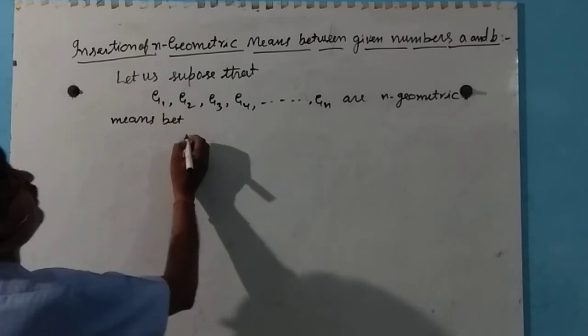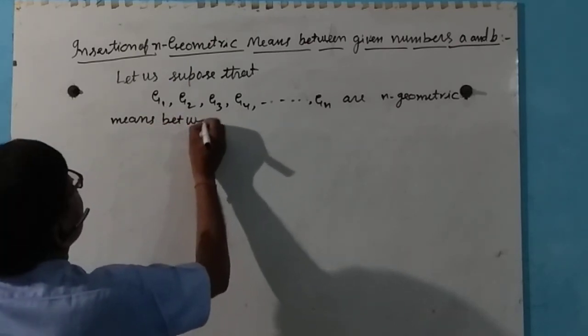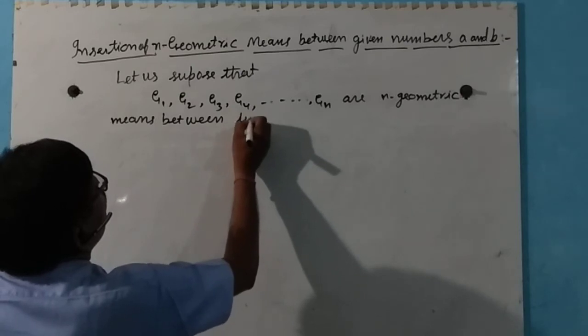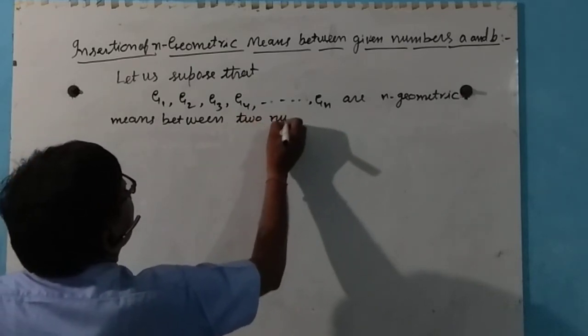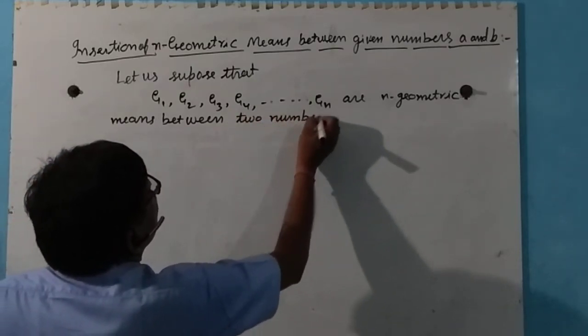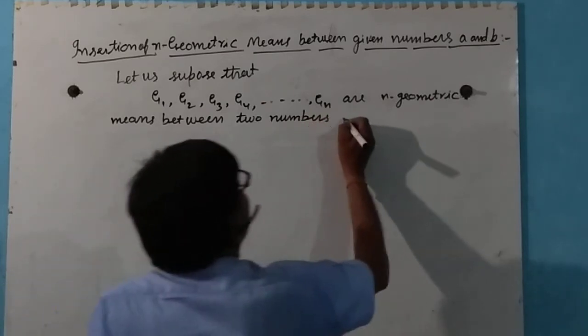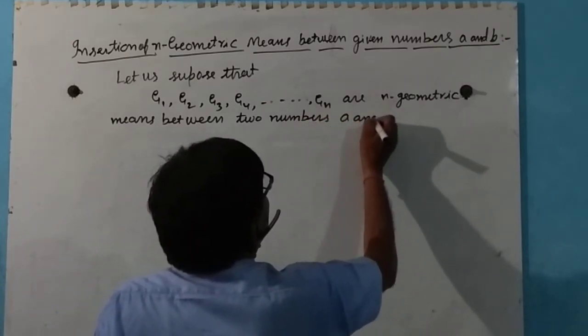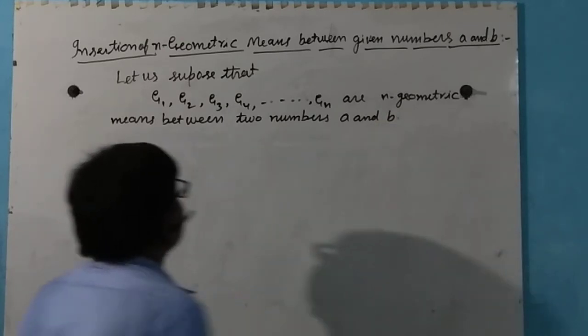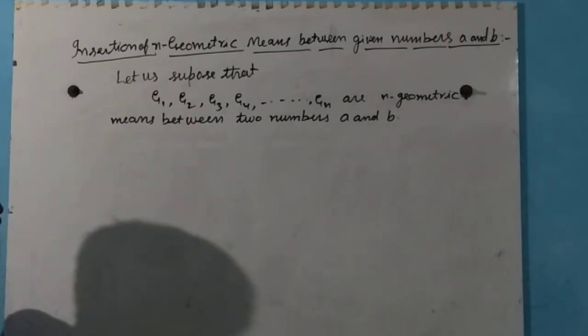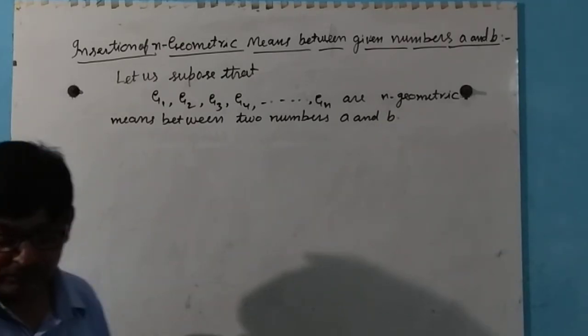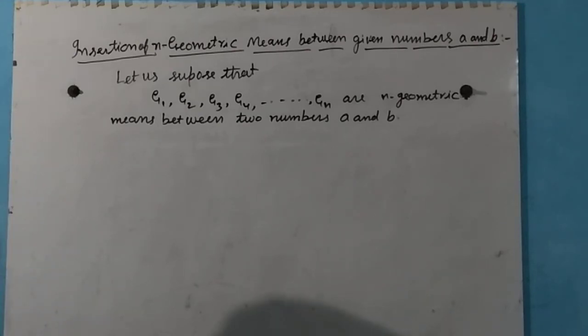Let us suppose that G1, G2, G3, G4, up to Gn are n geometric means between the two numbers A and B.